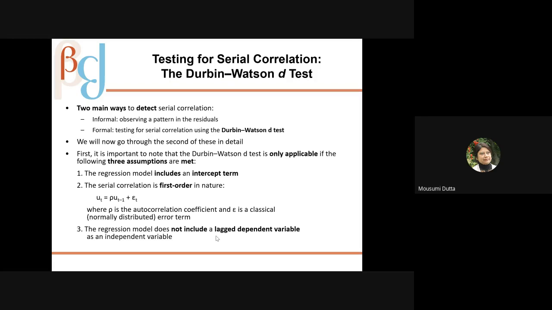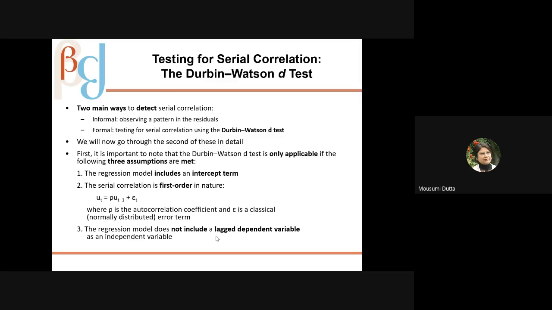The model should have an intercept term, and when we consider a specification of the error, you have to specify it as an AR1 process: ut is equal to rho ut minus 1 plus epsilon t.